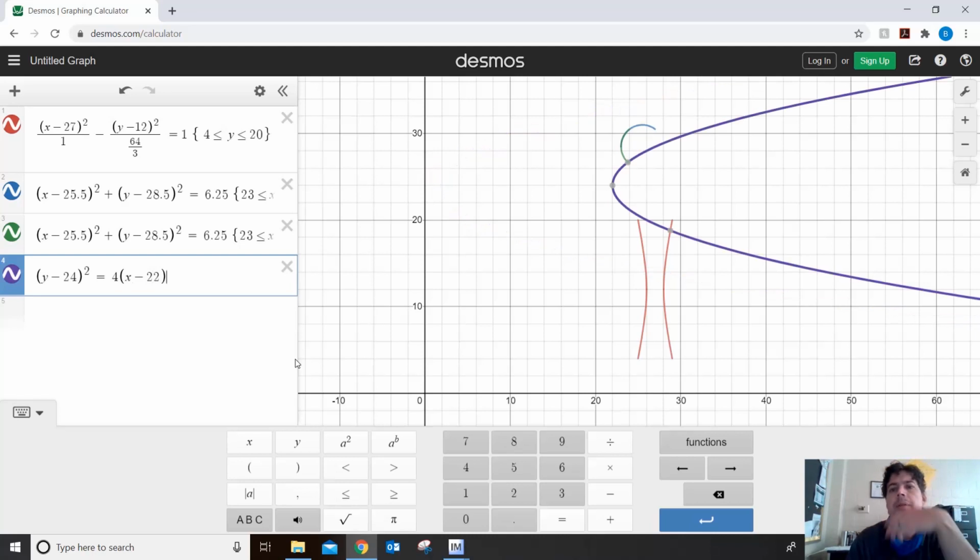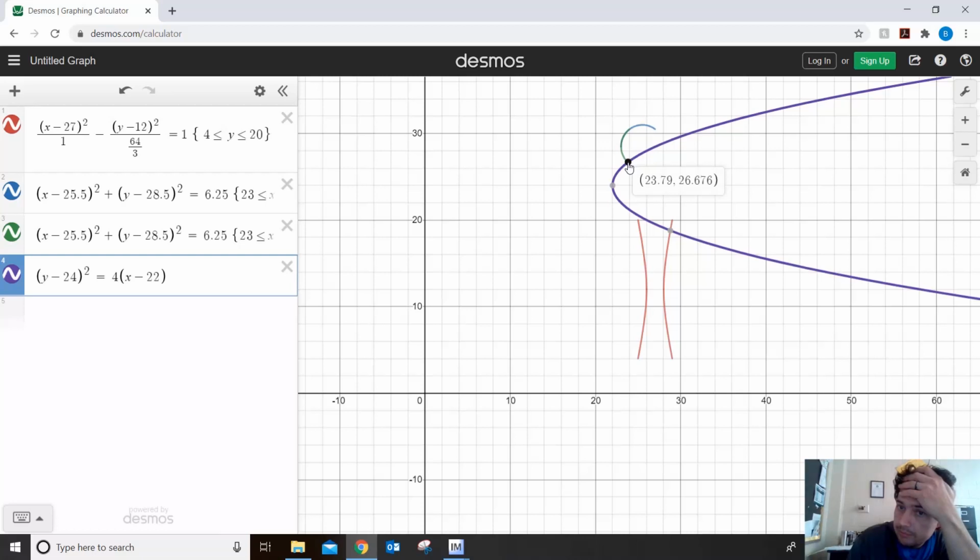Just glance at my piece of paper. Now, how much of this parabola should I draw? That's the real question. Notice it gave me a nice intersection right there. I'm going to do a restriction on the x-axis here. I'm going to restrict the x values to be between 22 and 23.79.